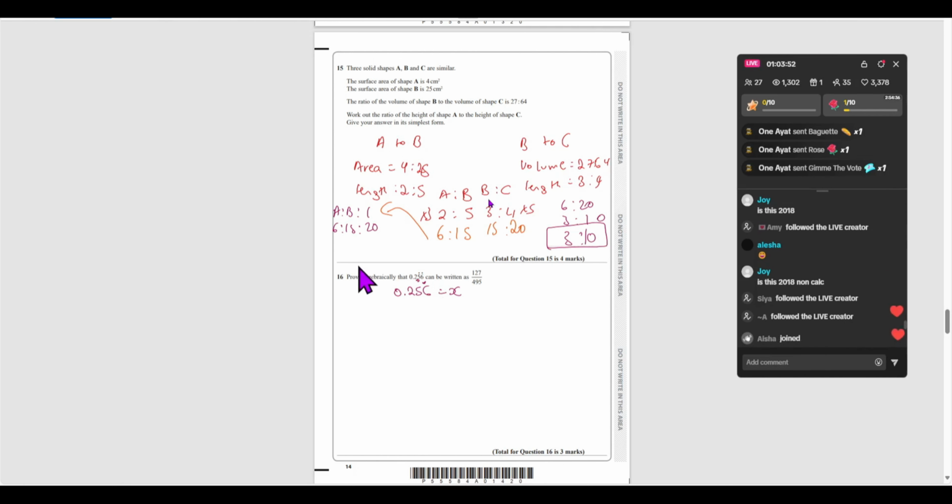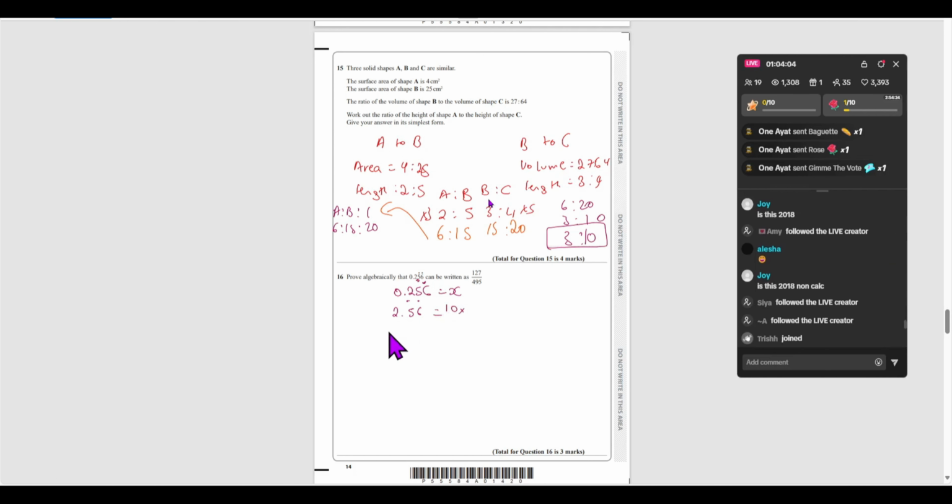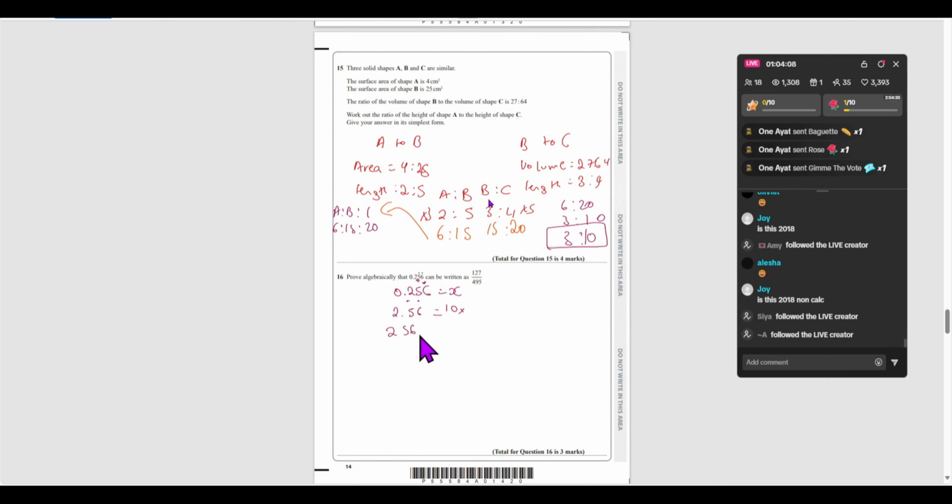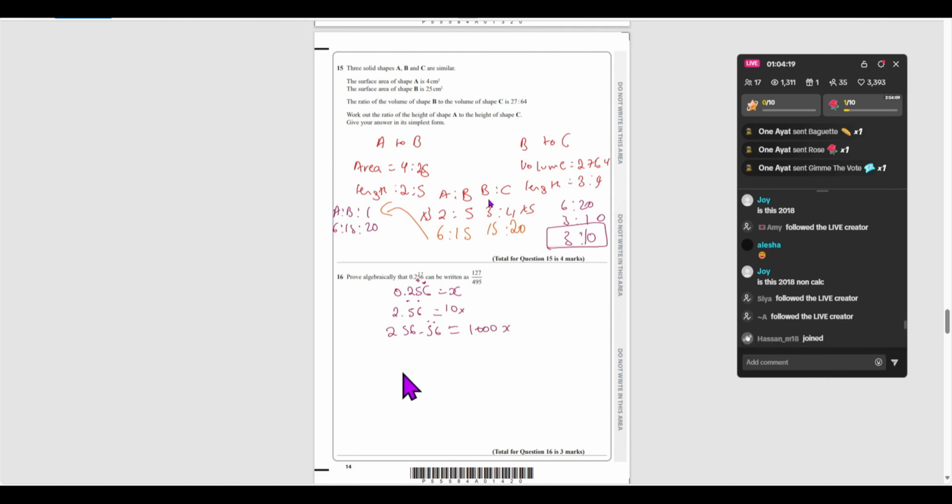So then, when we multiply it by 10, you will get 2.56 recurring is equal to 10x. And then you're going to do the same thing. You'll get 256.56 recurring, which will be equal to 1000x, right? Now, we need to make it a whole number.